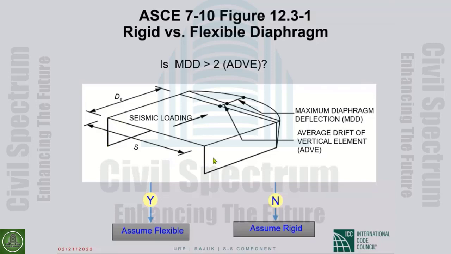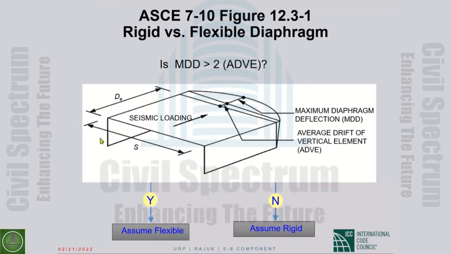If these are two shear walls, and the two shear walls are identical, half the load will go to this shear wall, half the load will go to that shear wall. Okay? If that shear wall is twice as stiff as that shear wall, 2/3 of the load will go to the stiff shear wall, 1/3 to the other shear wall.